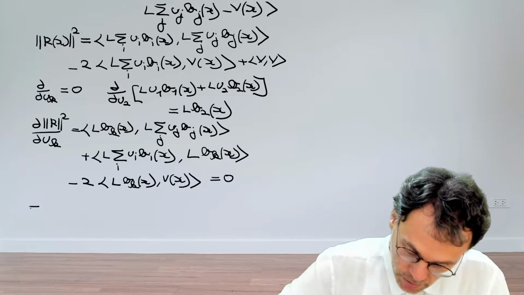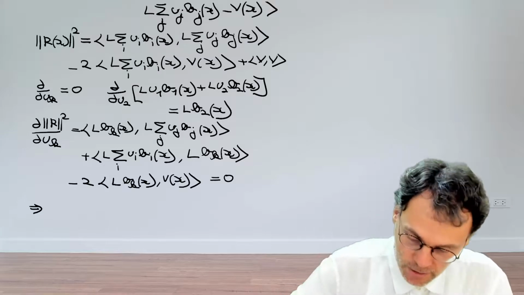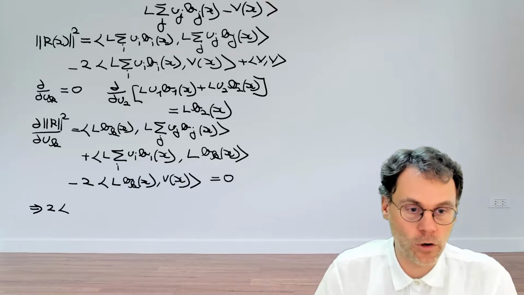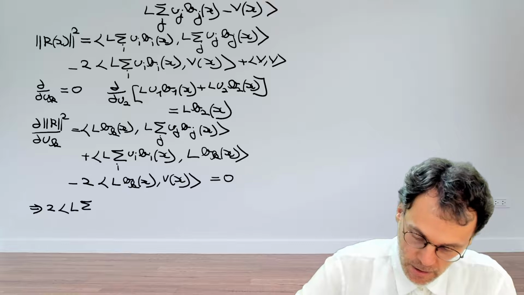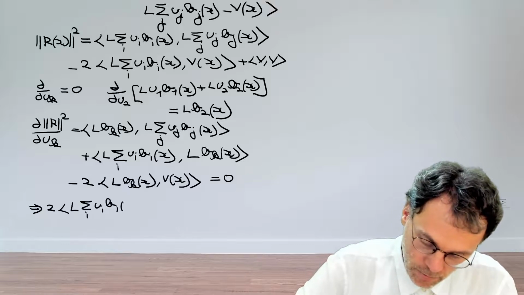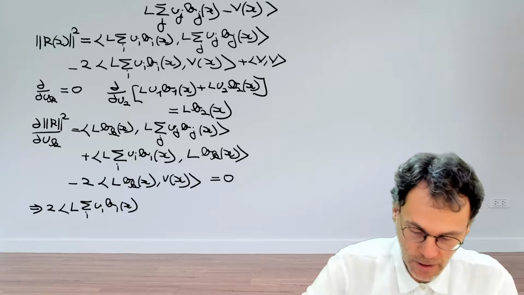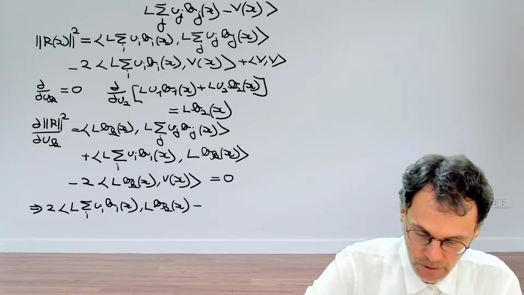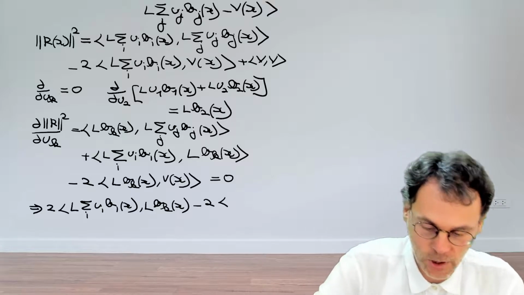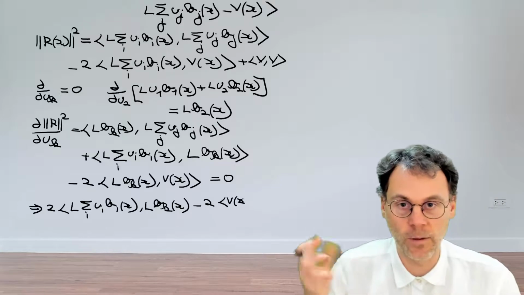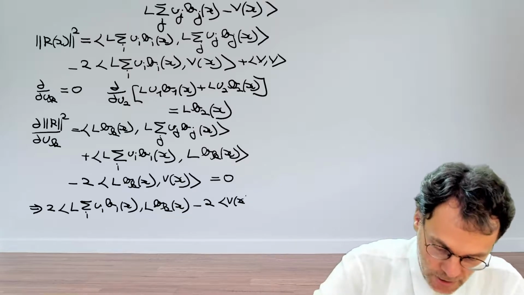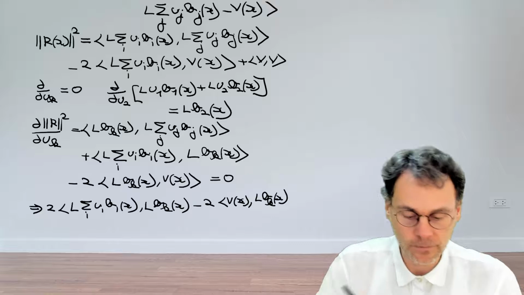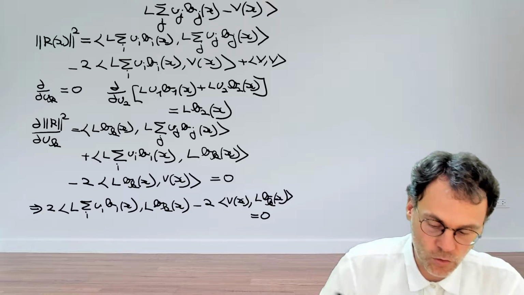So we can combine them and simply write that we have 2 times the summation over i of L u_i b_i(x), L b_k(x), minus 2 times the scalar product, and again let's flip the order because our scalar product commutes, of v(x) with L b_k(x), and this thing should be equal to 0.